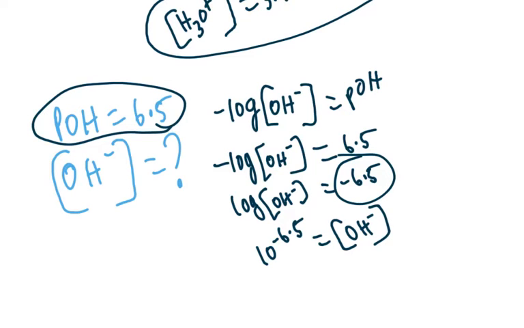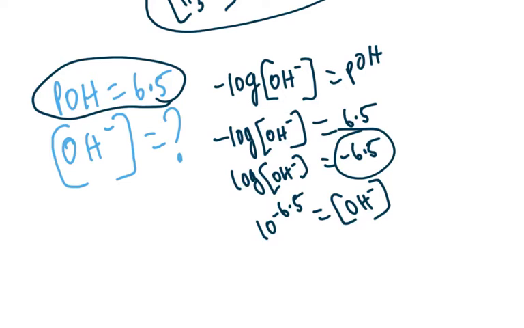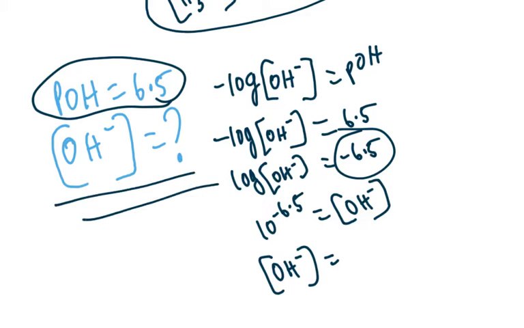And so now you just solve again. The OH negative concentration, which we're trying to find here, is going to be equal to 10 to the negative 6.5, which is about 3.16 times 10 to the negative 7 molarity.